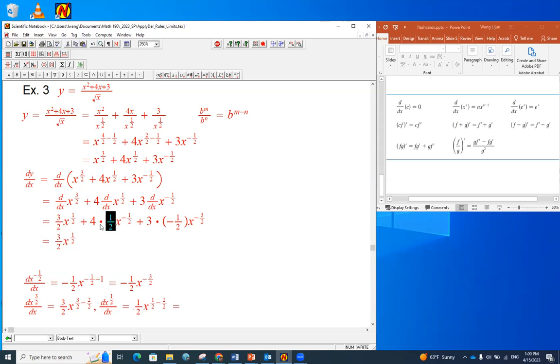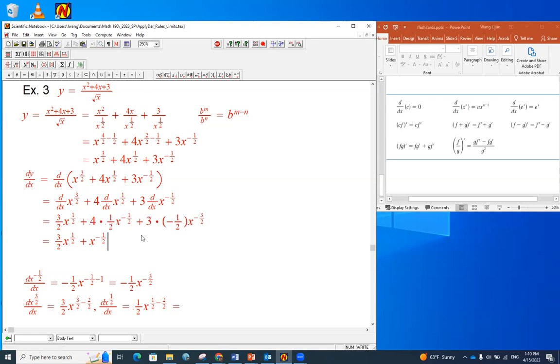And in that piece you have 4 times half, and that's going to be 2, and x raised to the power negative half. This is 4 times half.